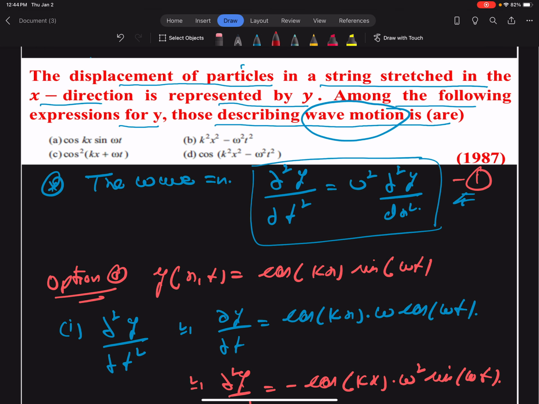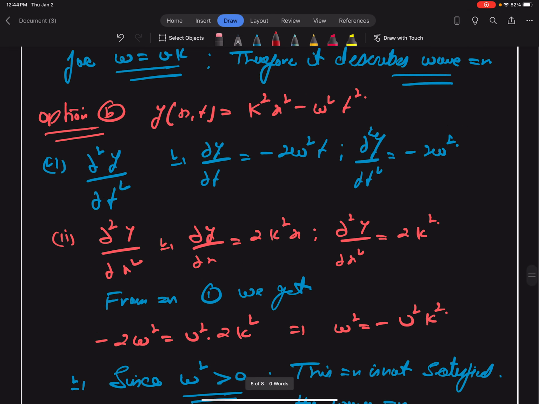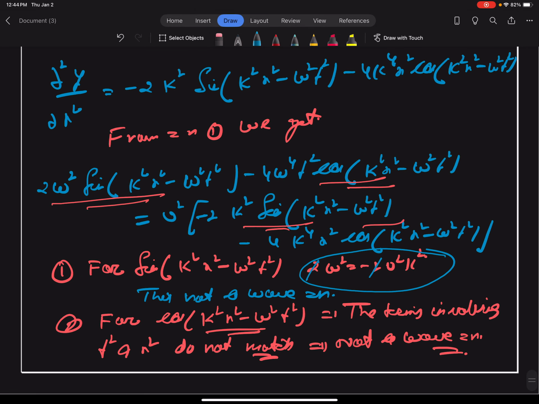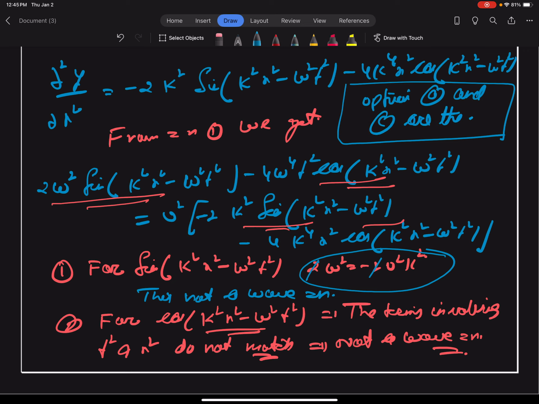Okay, so we are left with that option A and option C are the correct ones. So we can say option A and C are the correct.